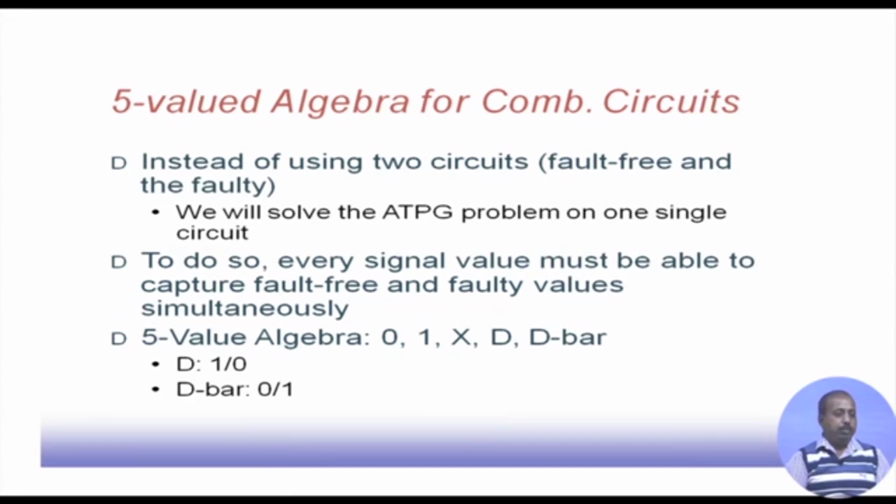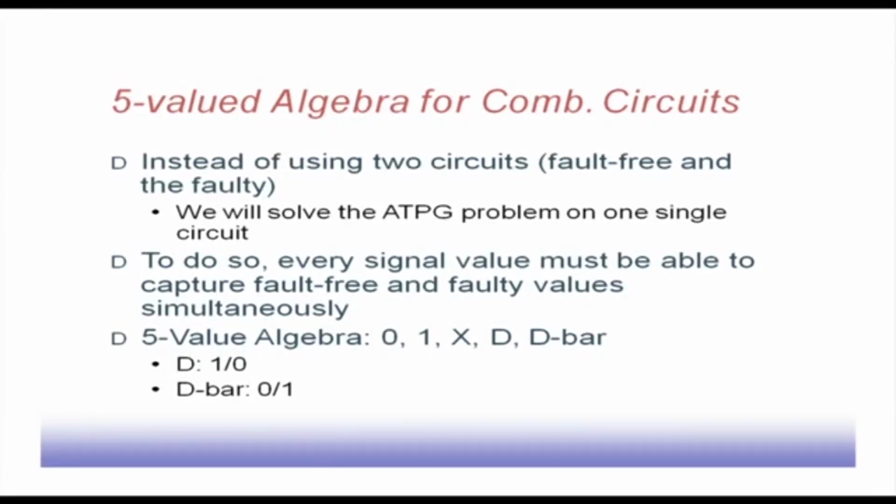In many of the ATPG algorithms, you will be using a 5-valued algebra instead of two-valued logic. What it helps is that we do not need to consider two copies of a circuit. Previously we said that we need to have two copies of the circuit, a fault free circuit and a faulty circuit, and see whether their responses are different or not.